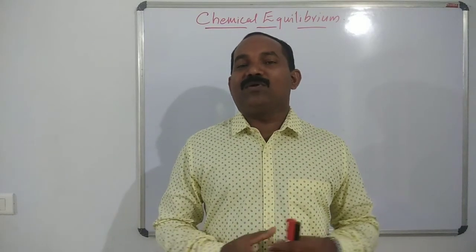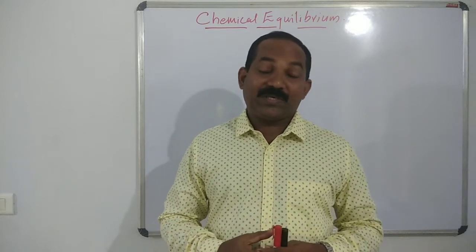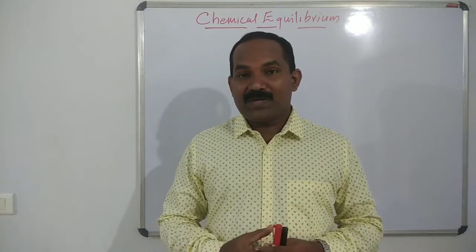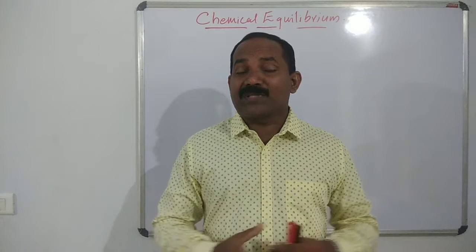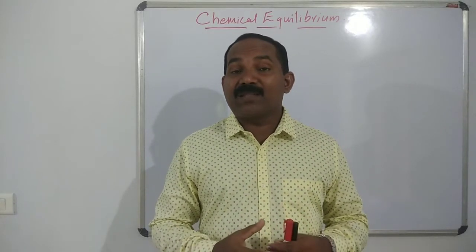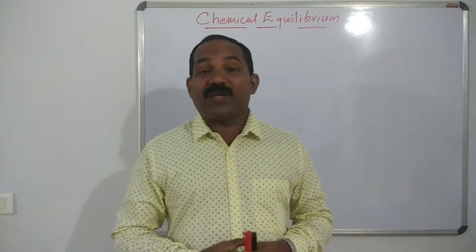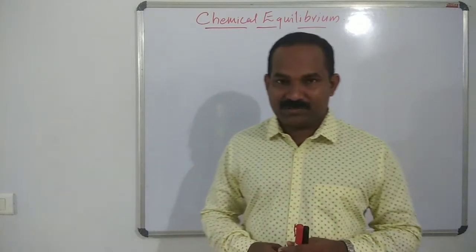In this section we are going to discuss equilibrium in a chemical process, a dynamic equilibrium. In the last section we have seen physical equilibrium established in the physical state. So here we consider a chemical process, a chemical reaction.